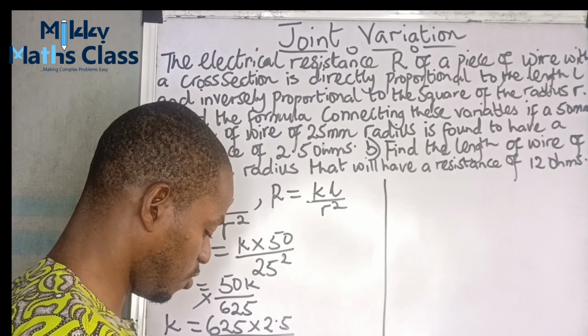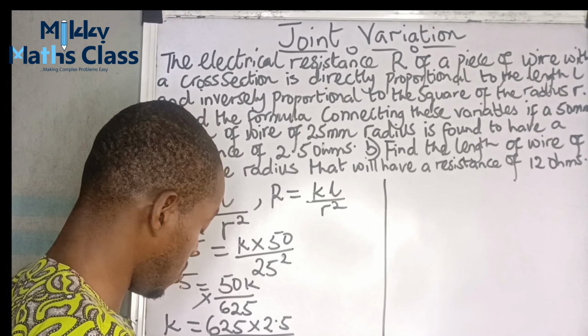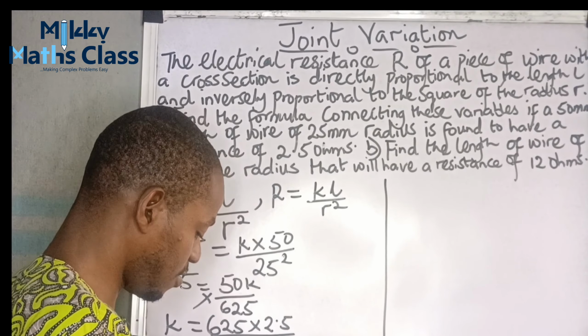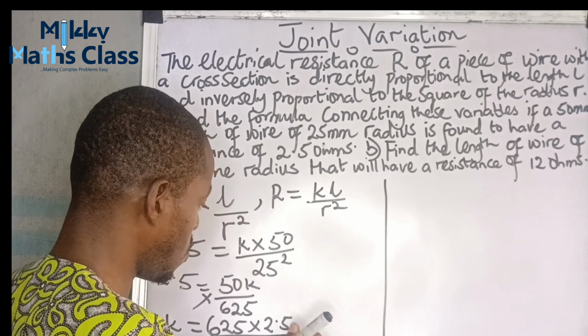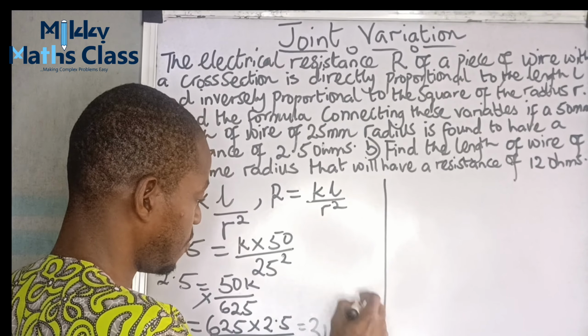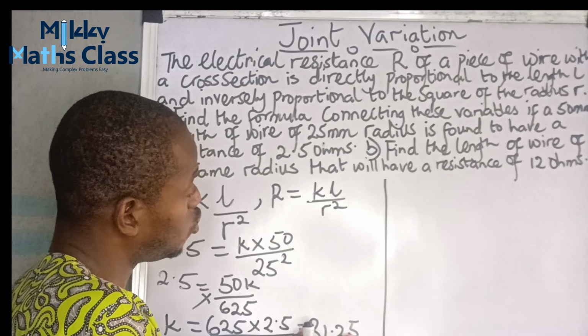So this becomes 625 times 2.5, which gives 1562.5. When we divide that by 50, we'll have 31.25. So our K, our constant there, is 31.25.